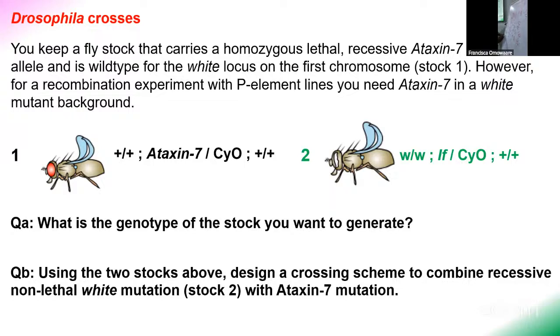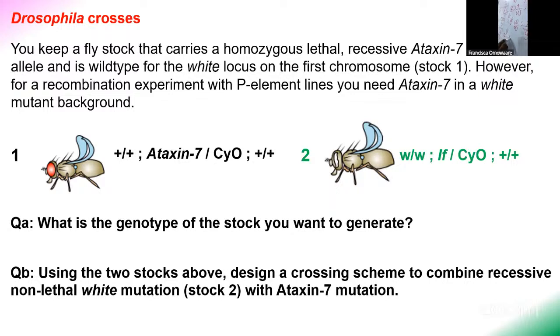So we've got y over the first W, and then ataxin over Eve, right? And then the female of that is going to be W over W, ataxin over Eve, right? So 1, 2. And then 3 is going to be what?